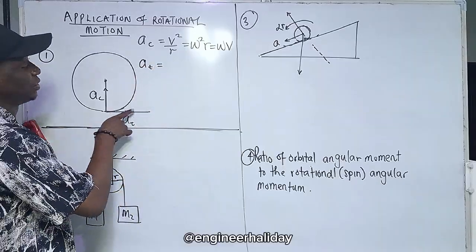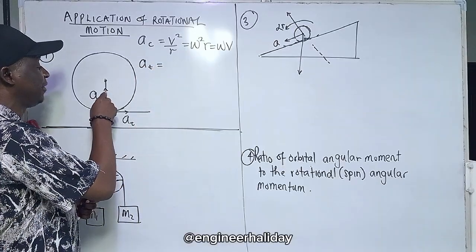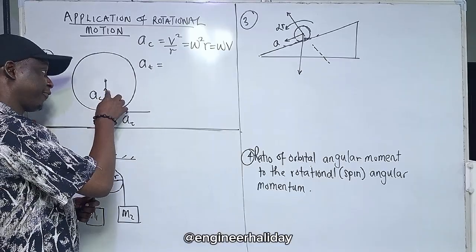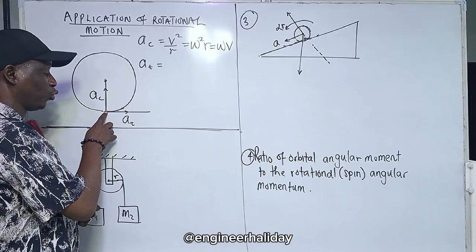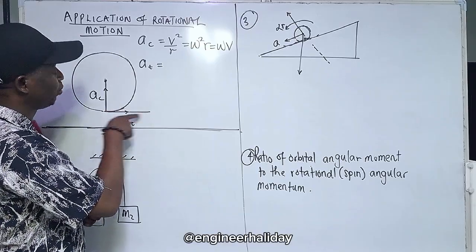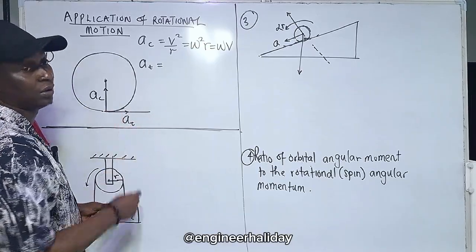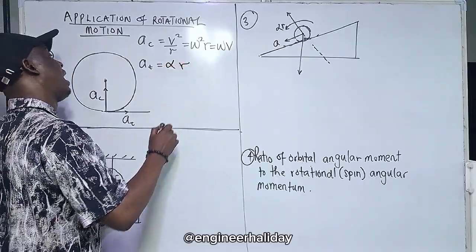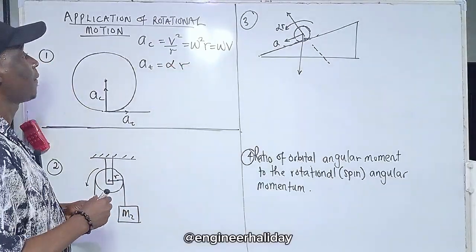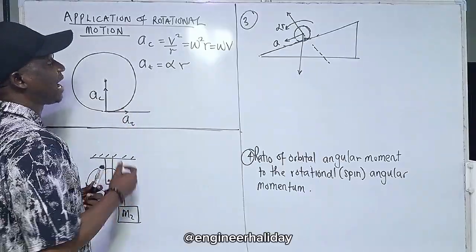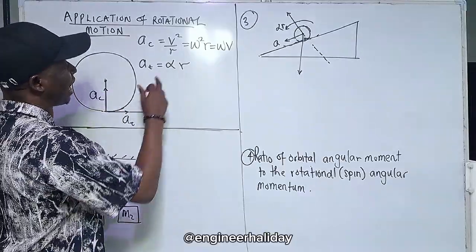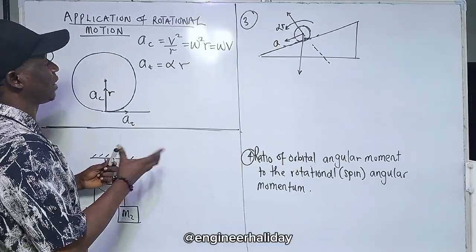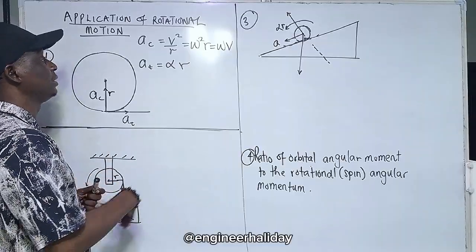If the force acting toward the center is not enough to hold the body, the path the body will fall through is along the tangential acceleration, which is alpha r. Here alpha is the angular acceleration, and r is the radius of the circular path or rotating body.